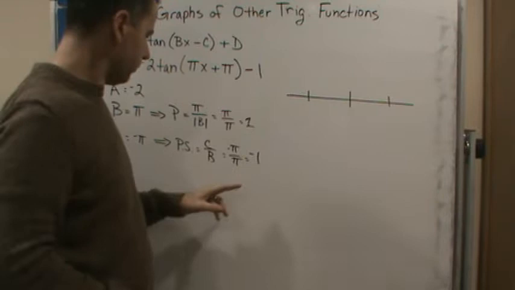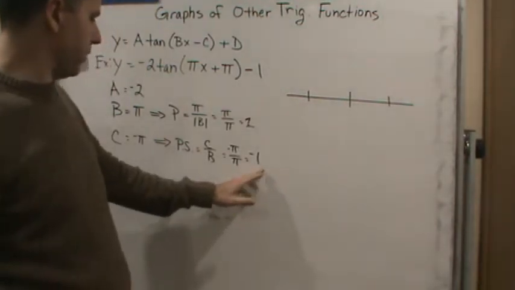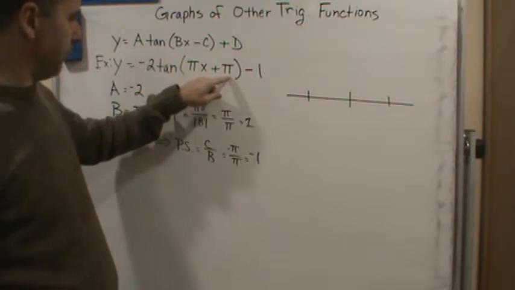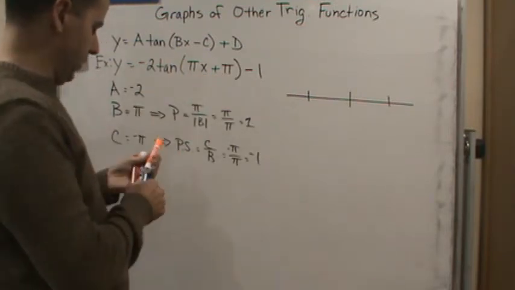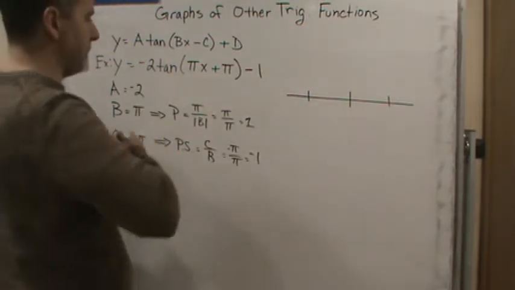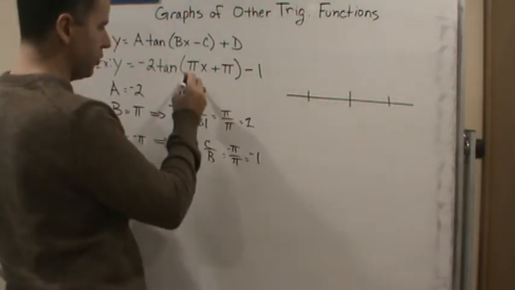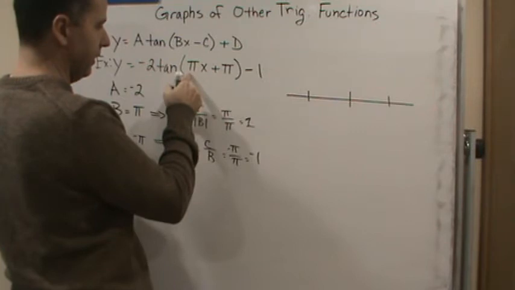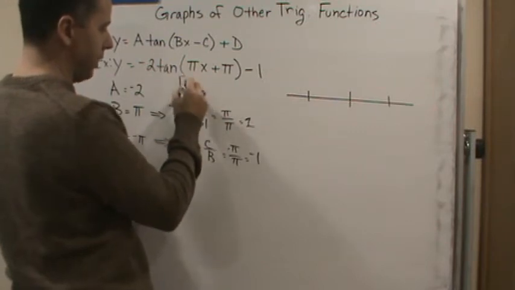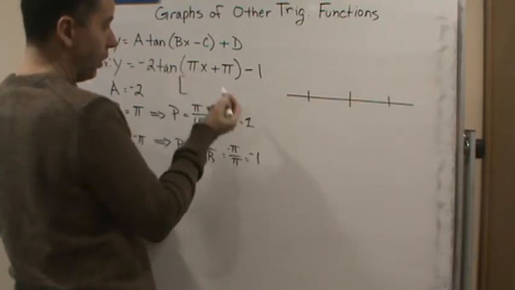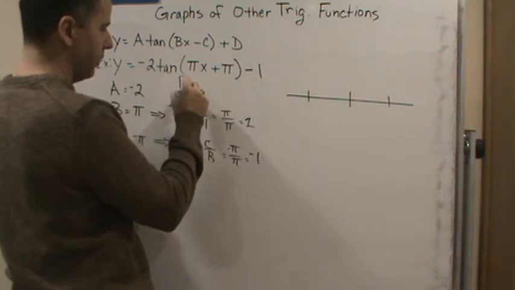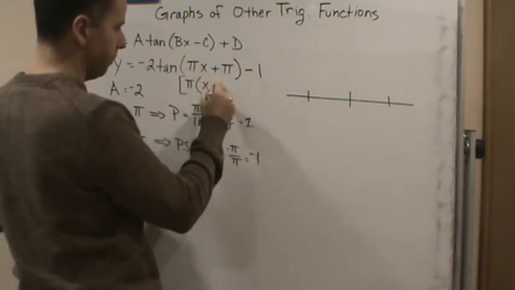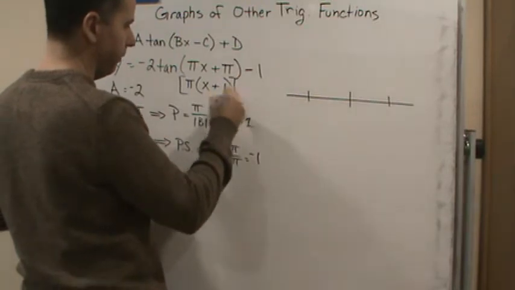The phase shift is telling you the direction. But you can also see it because, just like before, to see the phase shift you factor out the pi, factor out B, and you get pi times x plus 1.